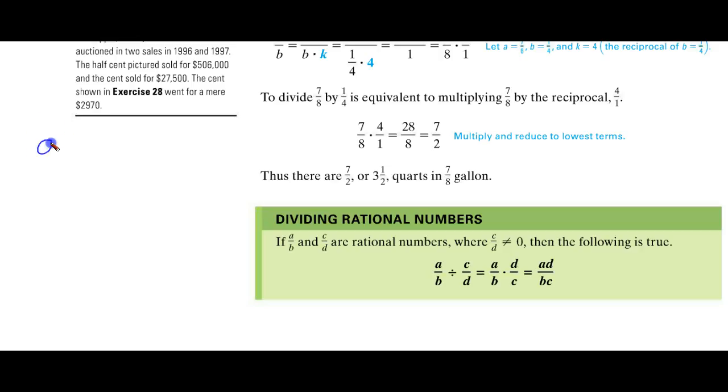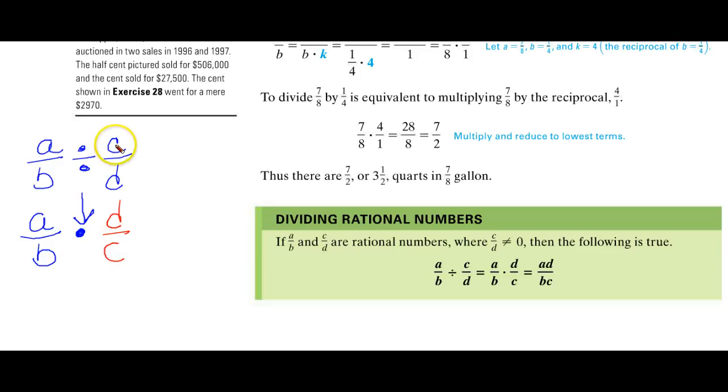If we have A over B divided by C over D, the general rule for dividing fractions, the first item, A over B, stays the same. We convert the division to multiplication, and now take the reciprocal, or flip, the second item like so.